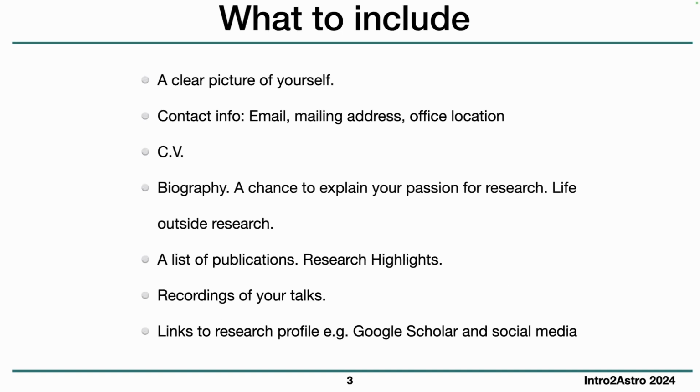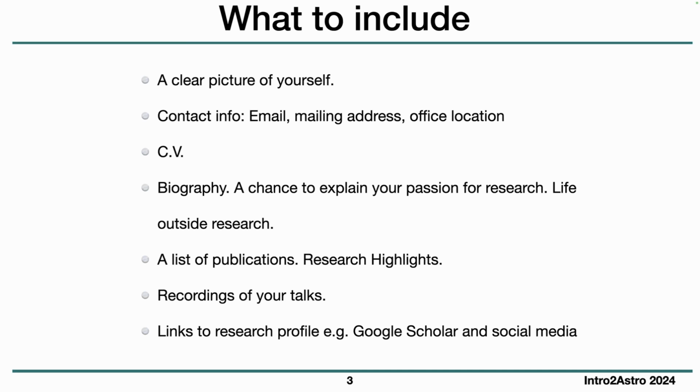So what are some of the key things you should include in your personal website? Well, first of all, a clear, recent picture of yourself so that if people run into you at conferences, they can easily recognize you. And your basic contact information, for example, your email address, your mailing address, your office location if you have one, and your CV, of course.